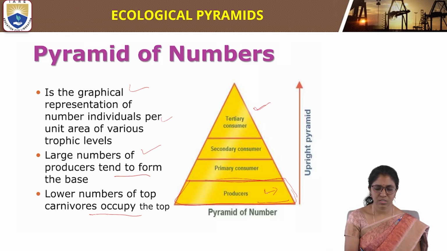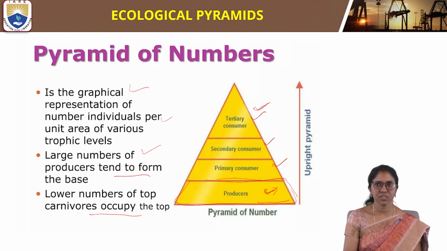So producers, primary consumers, secondary consumers, tertiary consumers. Producers are in large number, and the tertiary consumer number is very low.